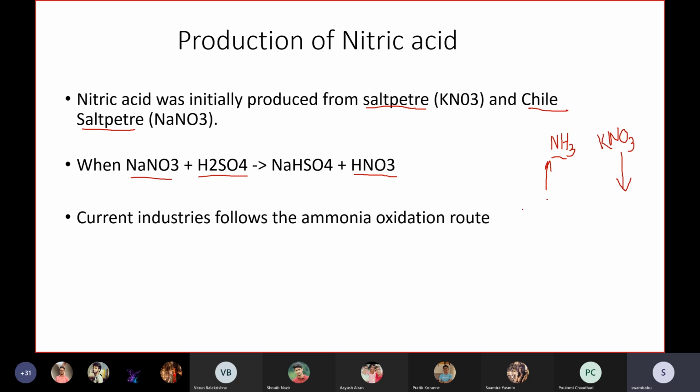So the modern industries follow a new route to produce nitric acid: the ammonia oxidation route.